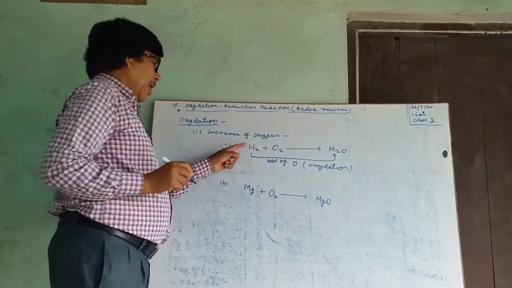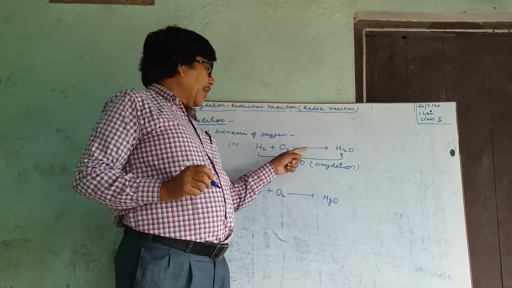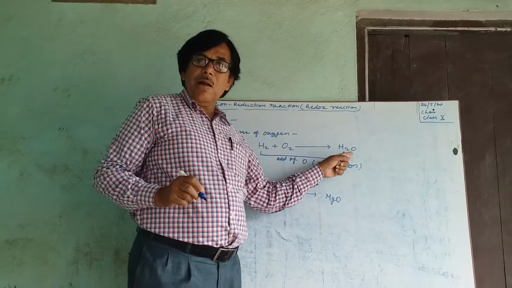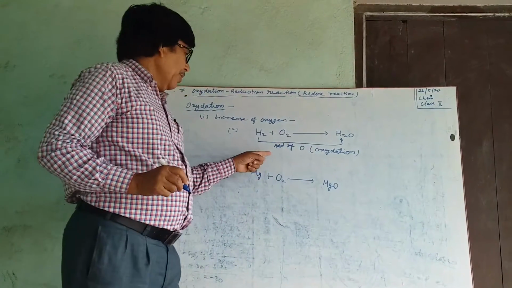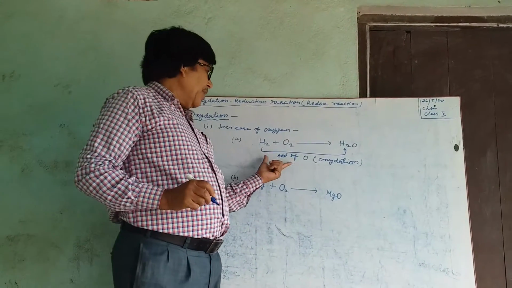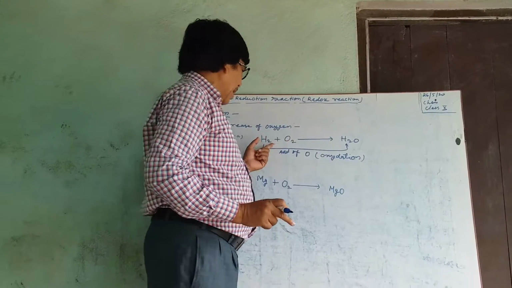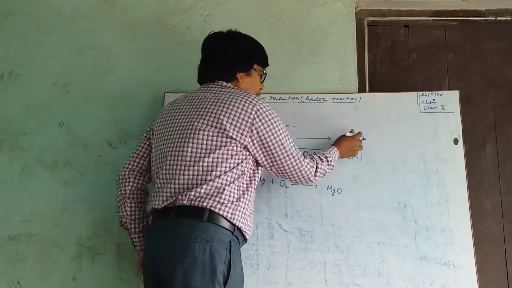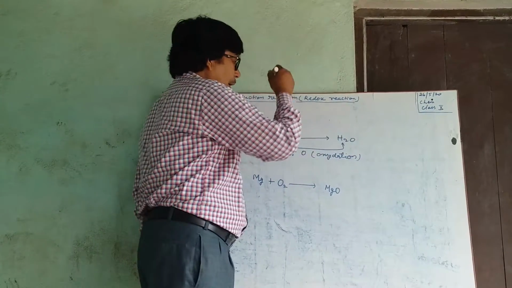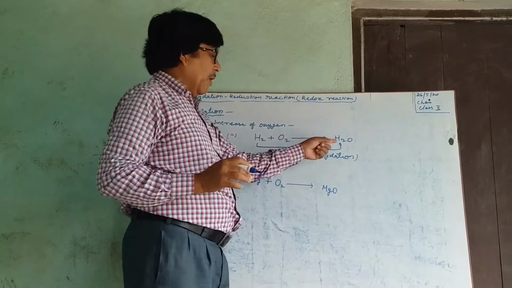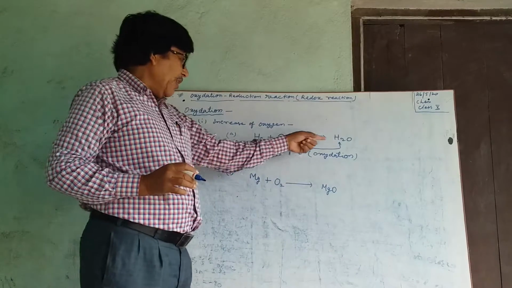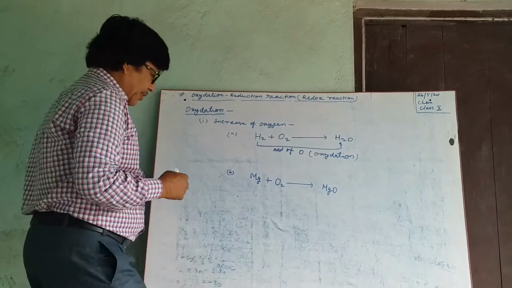Here hydrogen is oxidized to water, H2O. Why? Due to addition of oxygen. Here there is only hydrogen, but after the reaction oxygen has been added to hydrogen to form water. Therefore this reaction is an oxidation reaction.